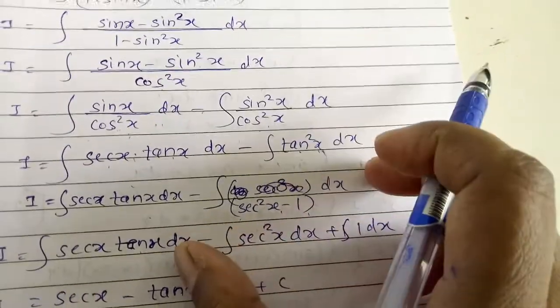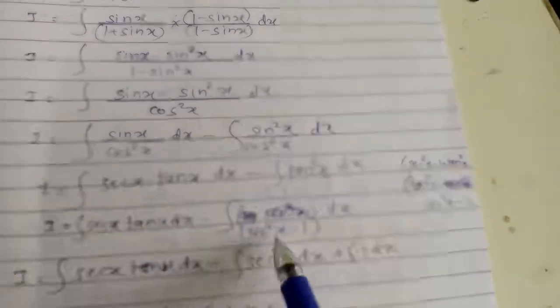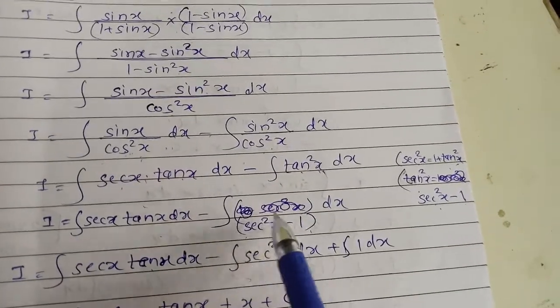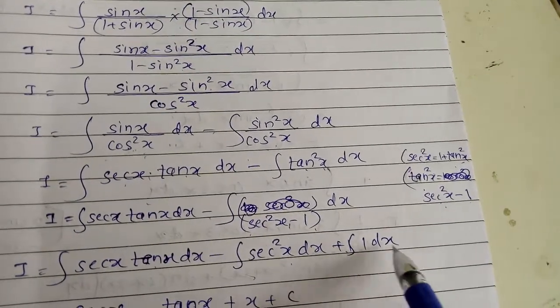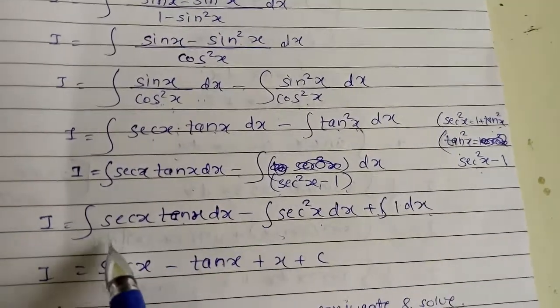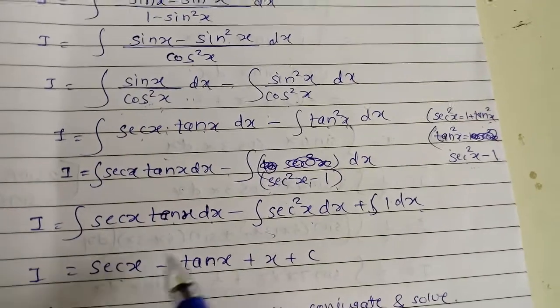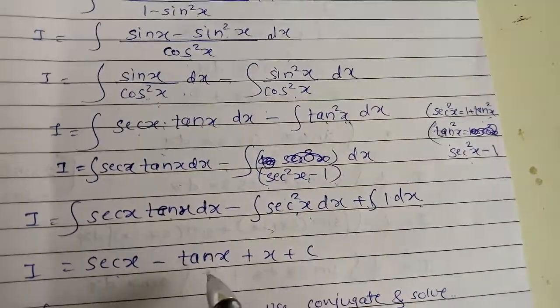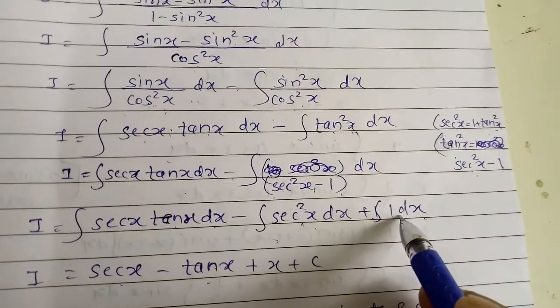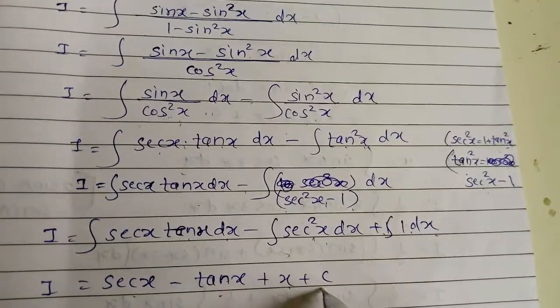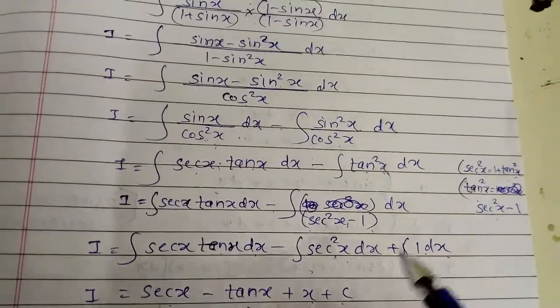Now we separate these two terms. So integration of sec square x dx, minus, and this minus becomes plus 1 dx. So the integration is sec x minus tan x plus x plus c. So this is the answer.